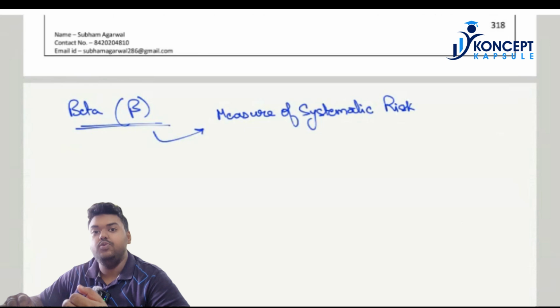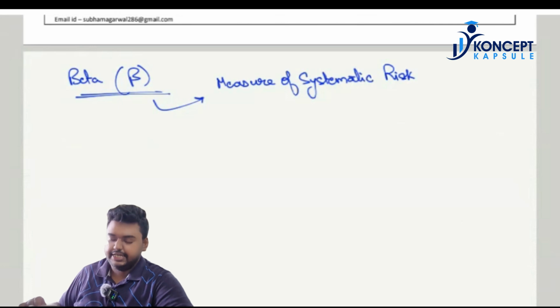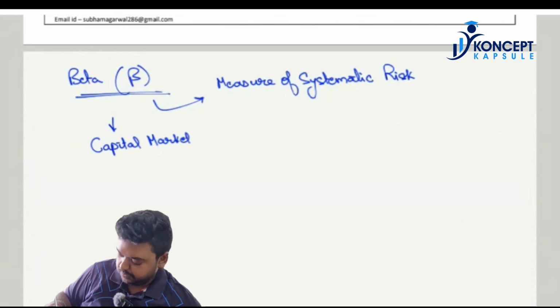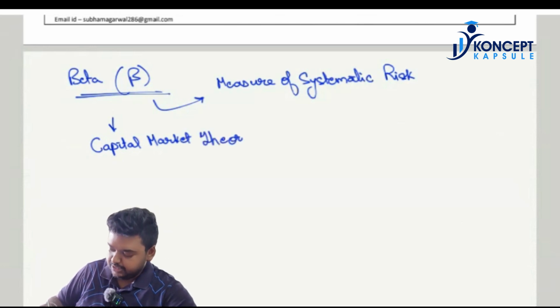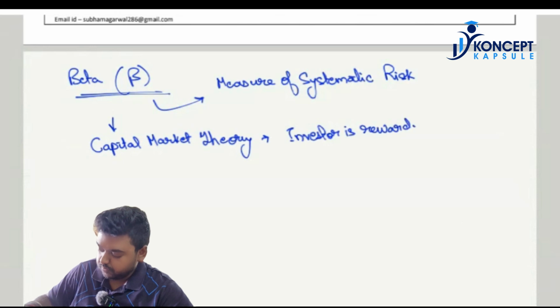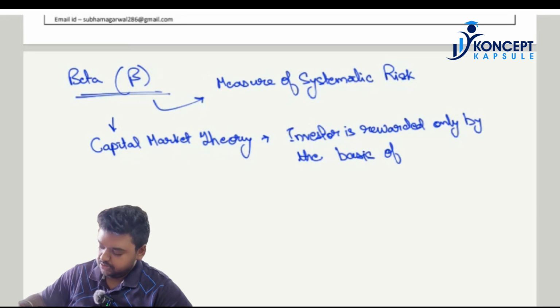Now why do we need to measure systematic risk? The reason for measuring the systematic risk is that we have established from the capital market theory that an investor is rewarded only on the basis of systematic risk.